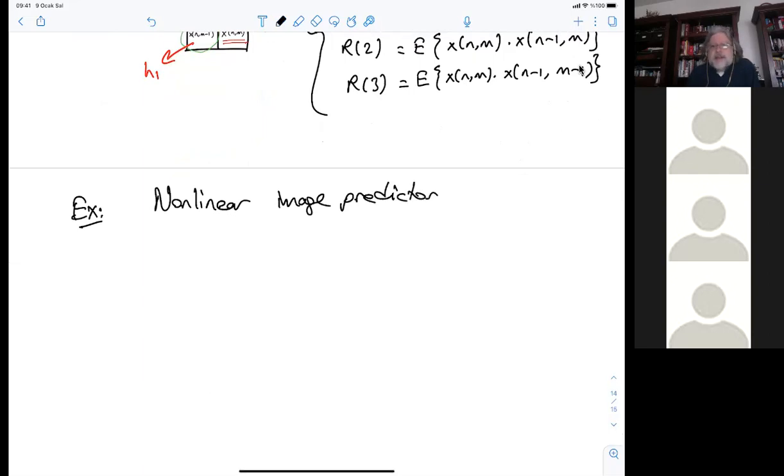This is a specific example that I'm giving you to show that the linear way of approaching the problems is easy in terms of analytical proofs, optimizations, etc. But nonlinear predictors are also available to you, and they are usually performing better. And this one is used in JPEG in lossless mode, JPEG-LS.